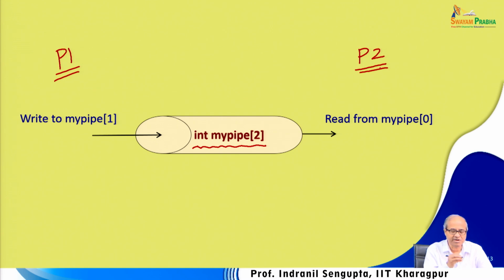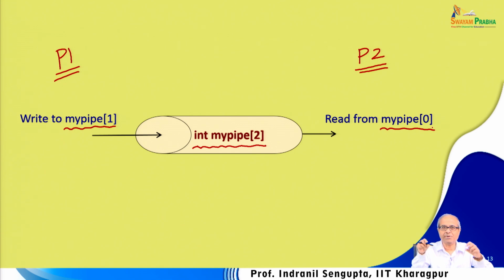The process P 1 will be writing something to mypipe 1, and process P 2 can read something from mypipe 0. So, mypipe 1 is the end where you are writing, mypipe 0 is the end from where you are reading.